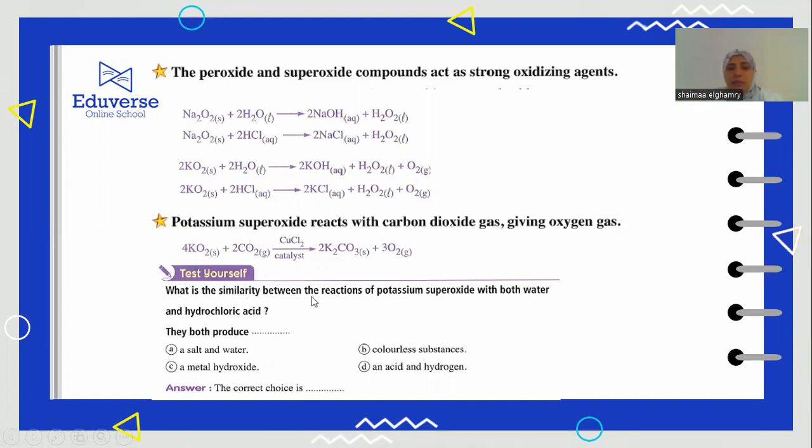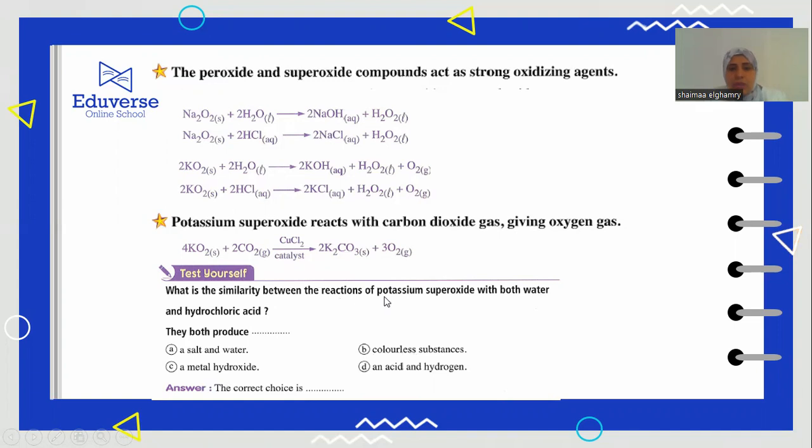What is the similarity between the reaction of potassium superoxide with both water and hydrochloric acid? How is it similar? The product of the reaction of potassium superoxide with both water and HCl is forming what? Hydrogen peroxide. Salt and water, a metal hydroxide, colorless substance, acid and hydrogen.